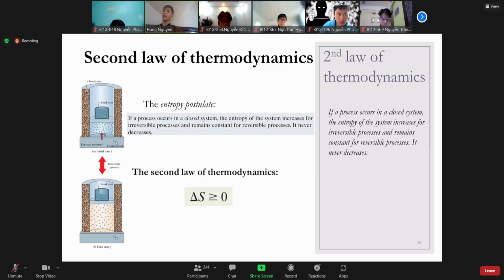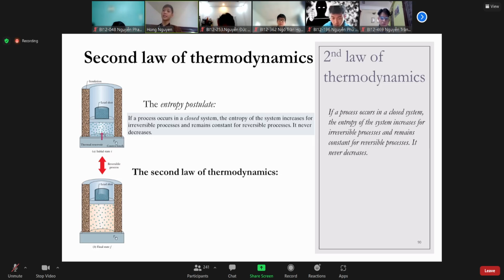So the second law of thermodynamics can be written simply in this form. But you remember, once again, it should hold only for a closed system.